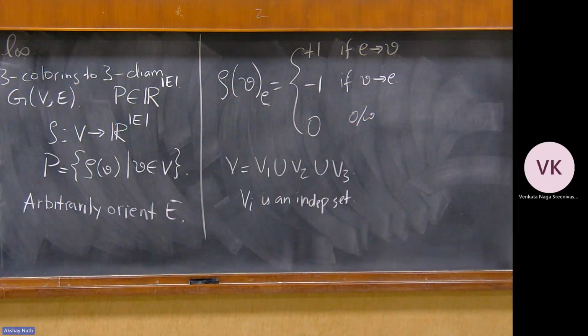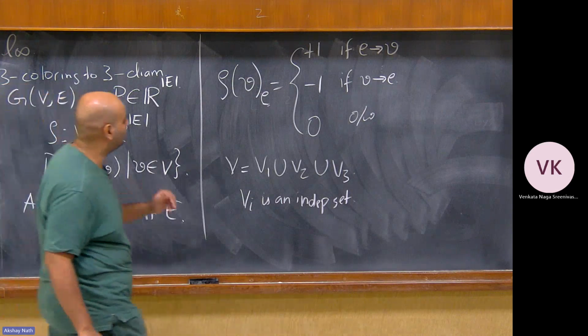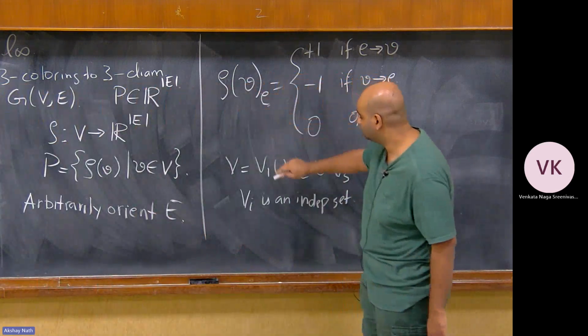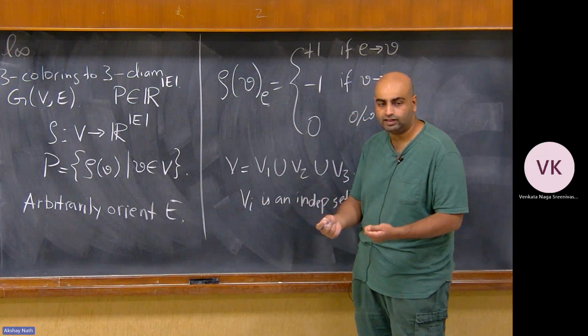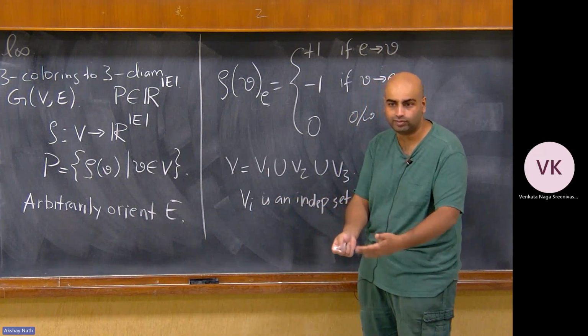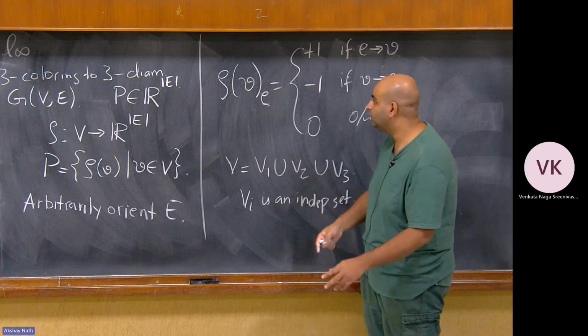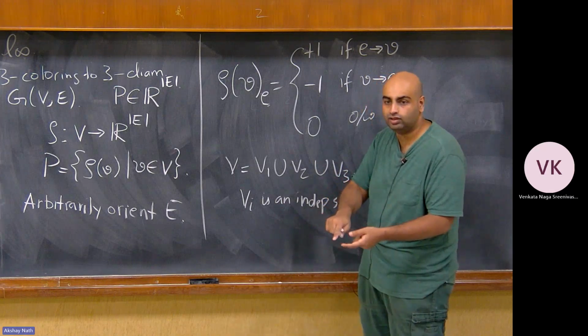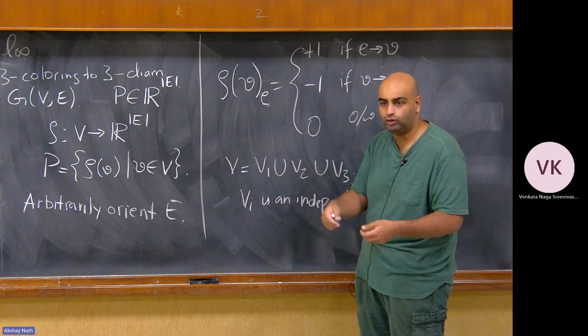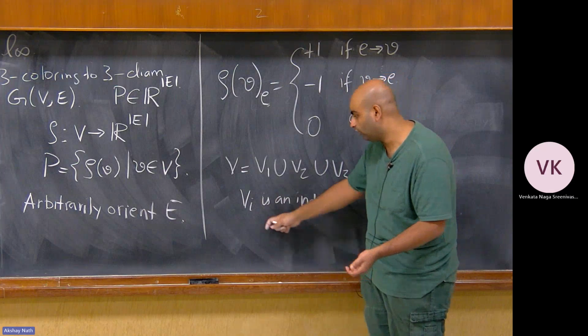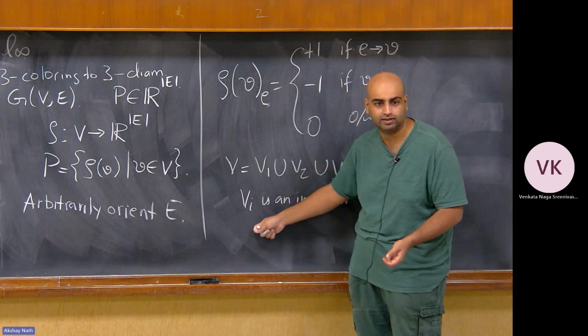Take some 2 vertices in Vi, U and V, and let's look at their eth coordinate for some E. Clearly, there is no E such that U and V are both touching it, because that would mean UV is an edge, which would contradict the fact that Vi is an independent set.